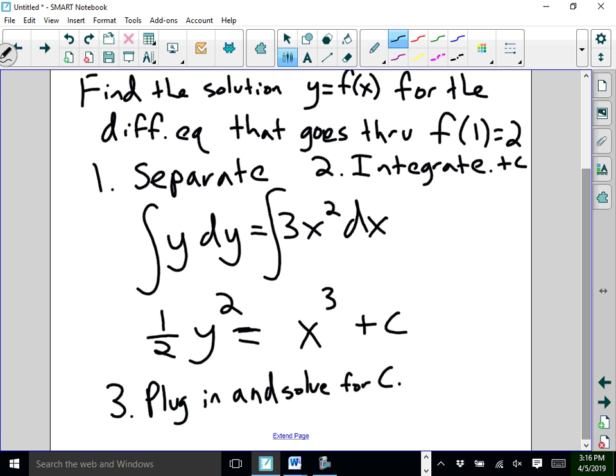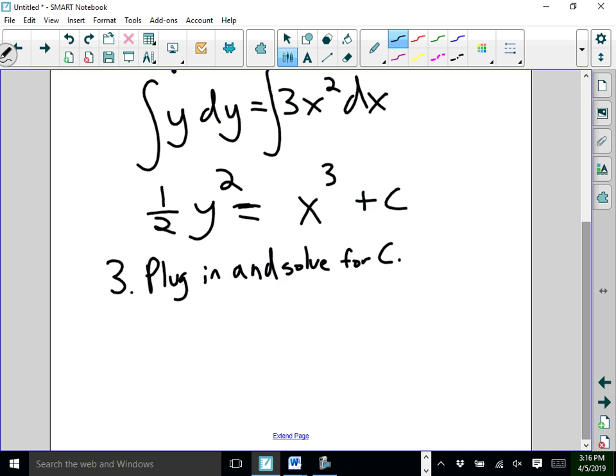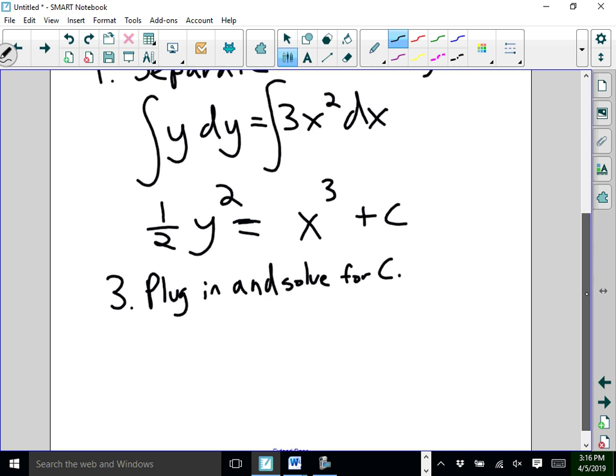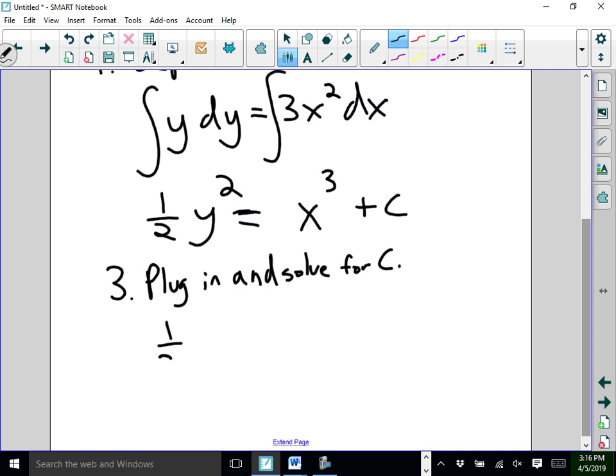My point, as a reminder, this is my X, this is my Y. So I'm going to plug in my X and my Y to figure out what C is. So, taking a look at the point, the point is 1, 2. So 2 is going to go in for Y. 1 is going to go in for X.